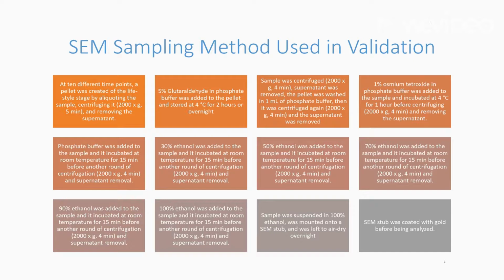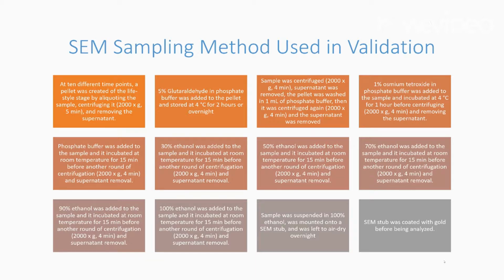And then the sample is slowly dehydrated with the gradual addition of higher and higher concentrations of ethanol, with centrifugation steps. It started with 30% ethanol, then 50, 70, 90, and 100% ethanol was added to slowly remove the water from the sample.